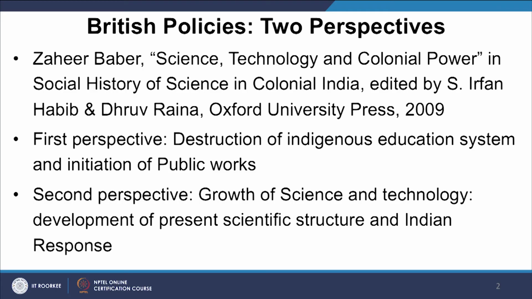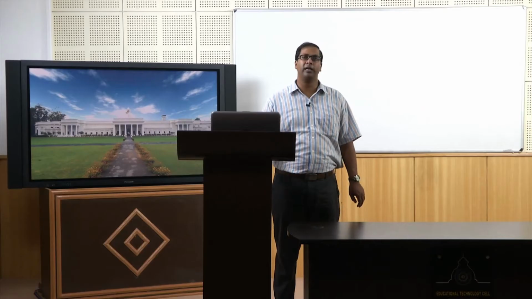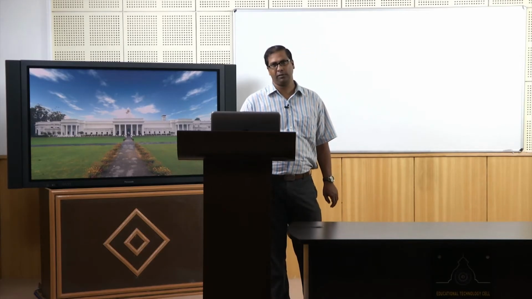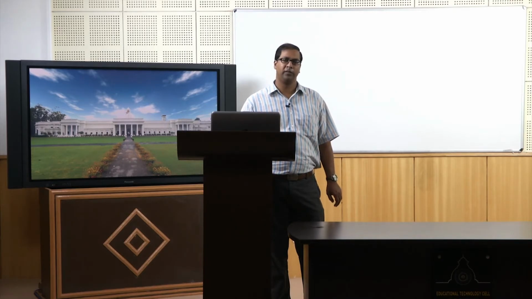And the second perspective is the growth of science and technology, development of present scientific structure, and how the Indian scientists, Indian intelligentsia responded to the British policies, the colonial policies on science and technology.